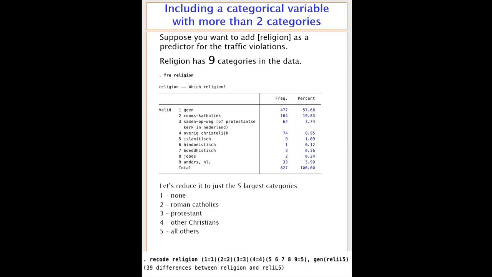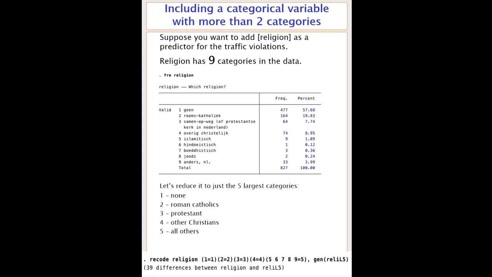But 5, 6, 7, 8, and 9, I recode to a 5. So all the ones Islamic, Hindus, Buddhists, Jews, and other are now plunked together, with my apologies for any religion who feels bad about being too close to these other ones, but just to make the group a little bit larger.